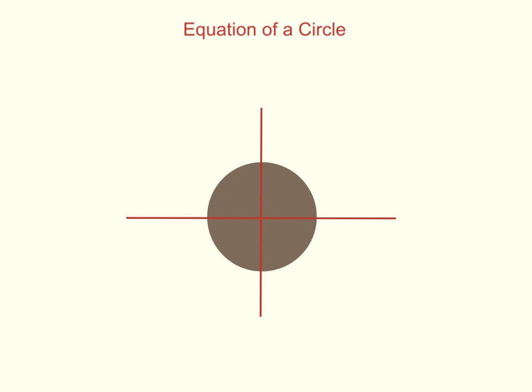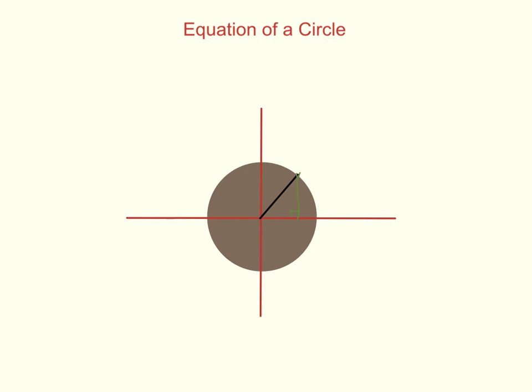Now, to derive it, I'll first draw a quick line here to represent the radius of my circle. That's going to be the radius of the circle because it goes from the center to the circumference there. Now, I will make a quick right angle triangle using it.